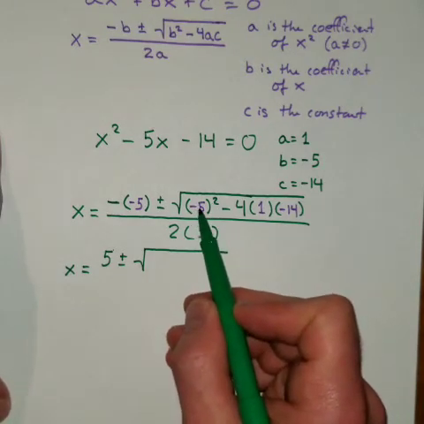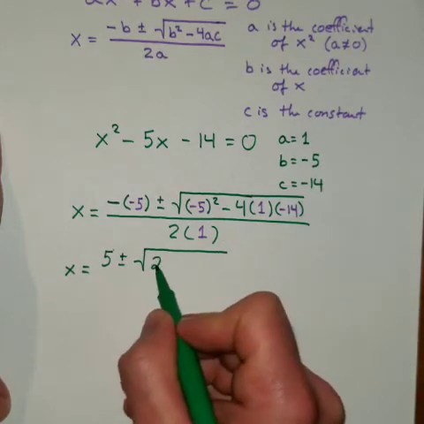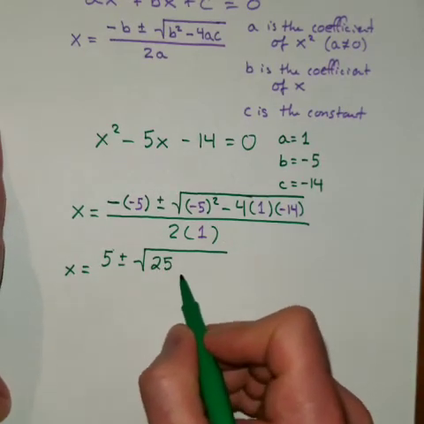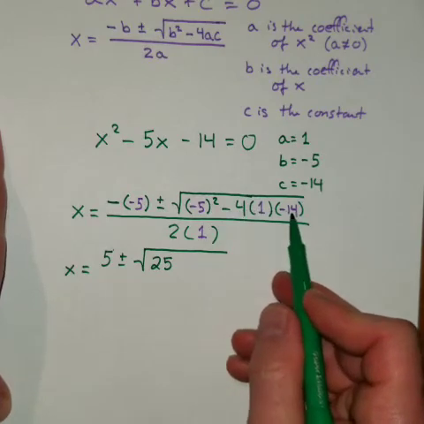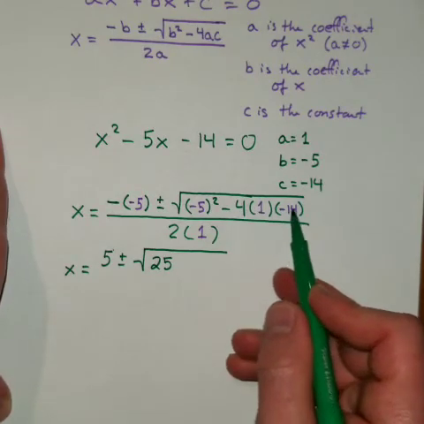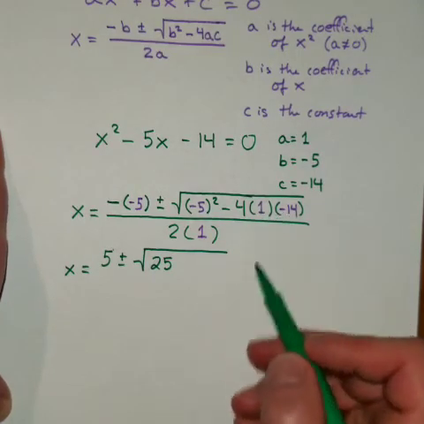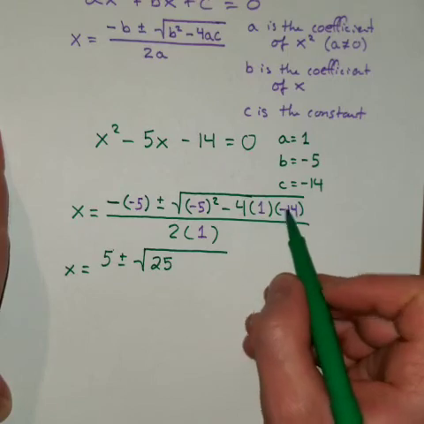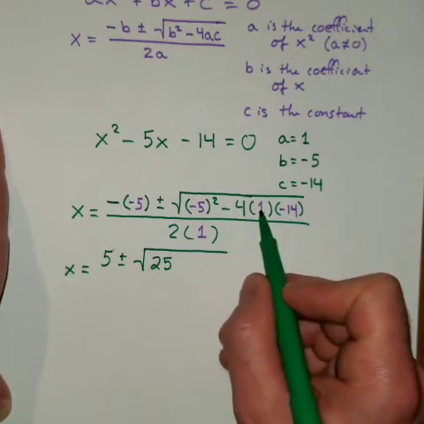A negative squared is always positive, and so -5 squared is +25. Okay, then I have the -4 times 1 times -14. All those things can be multiplied together because multiplication is commutative and associative, so it doesn't matter what order I do those in. So 4 times 1 is 4.